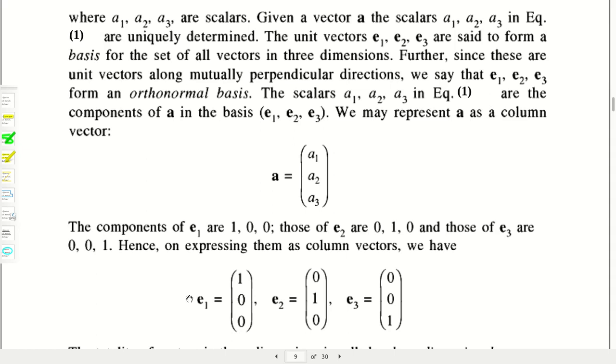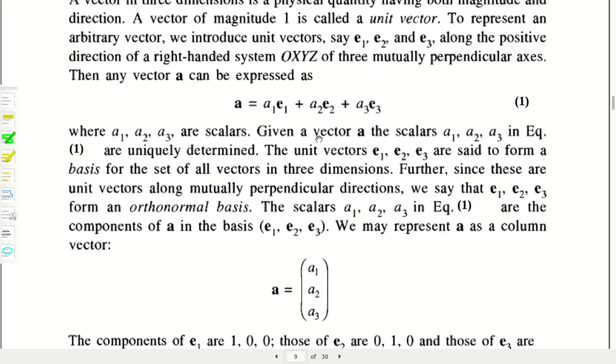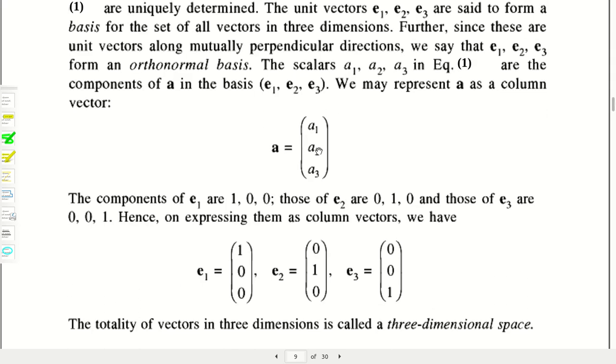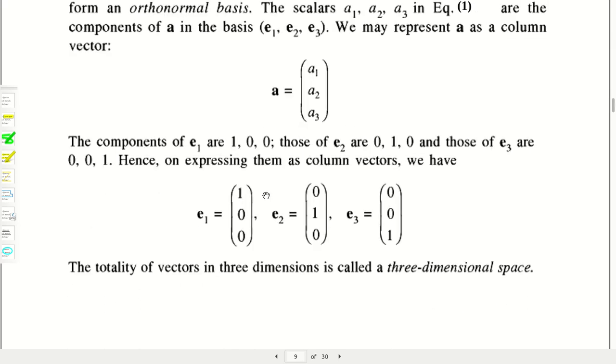That is a1 into e1, also a column matrix, equal to a1 0 0, and the second term will be 0 a2 0, third term will be 0 0 a3. So if you add three column matrices, then it will give you a1, a2, a3. So it is satisfied. This is the matrix representation of a 3D vector space.